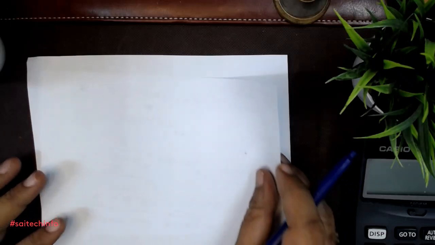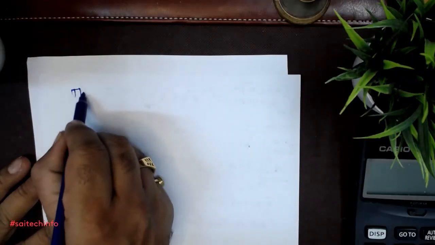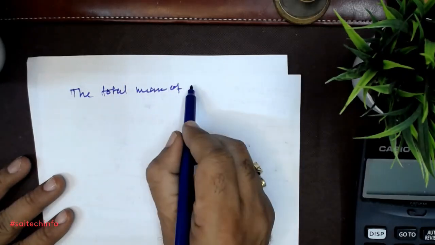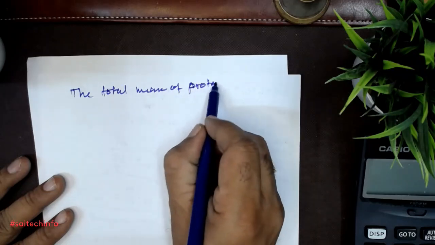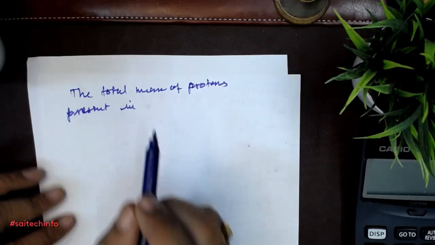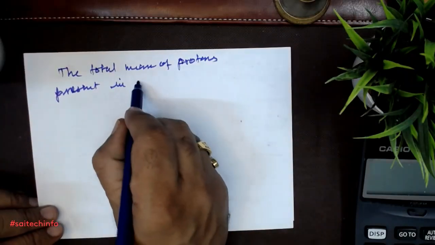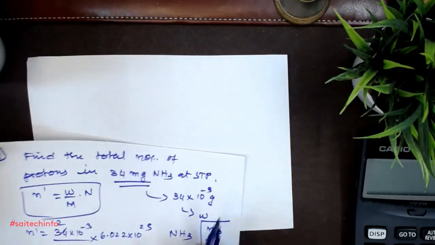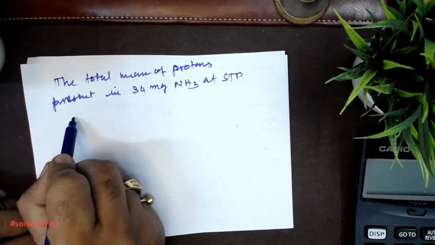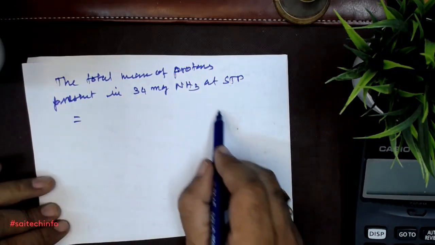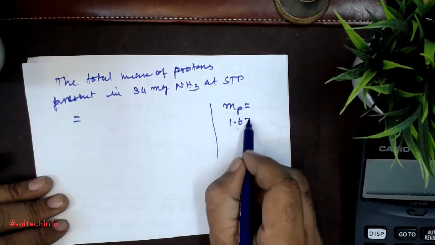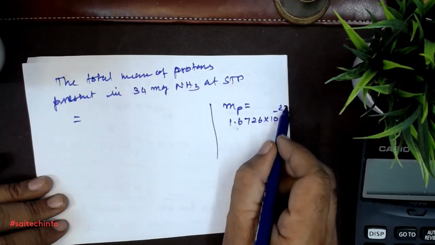Take down. We can ask another question from here. The total mass of protons present in 34 milligram NH3 at STP is equal to, now mass of a proton is given as 1.6726 into 10 power minus 27 kg.